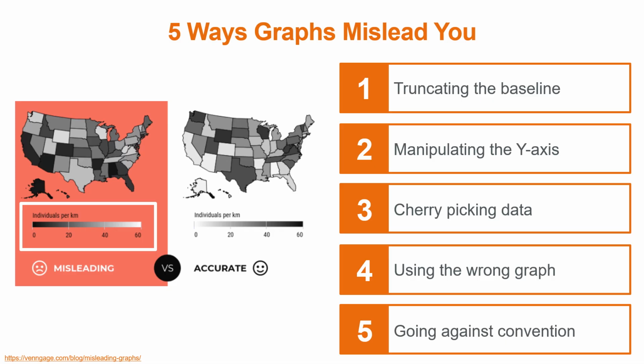This graph can confuse or mislead readers who expect dark to represent higher population density. Alternatively, when we follow the convention of using lighter shades for lower population density and darker shades for higher population density, readers will more intuitively know how to interpret the data.